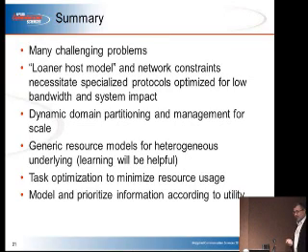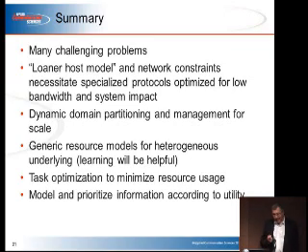Task optimization is a key area here, and it's necessary to minimize or optimize resource usage. And as we just discussed, model and prioritize information according to its utility. And I think that's pretty much what I had for today. Be happy to entertain any questions if there are any.